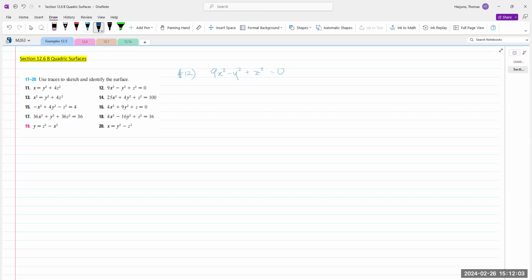This is basically 9x squared minus y squared plus z squared equals 0, and this looks like 9x squared plus z squared equals y squared. If r squared equals x squared plus z squared, then this is r squared equals y squared.